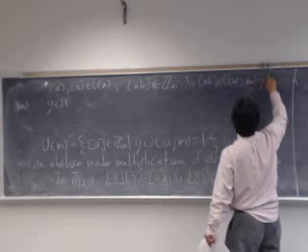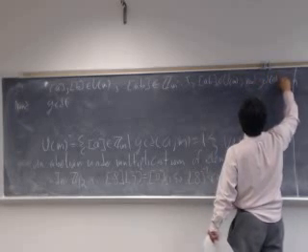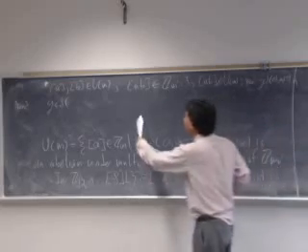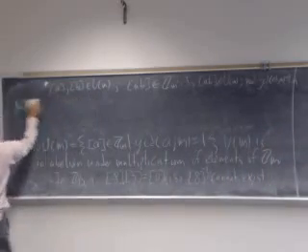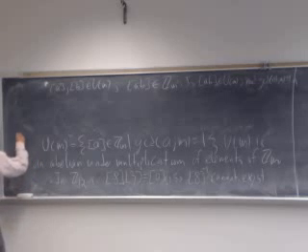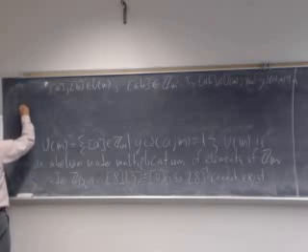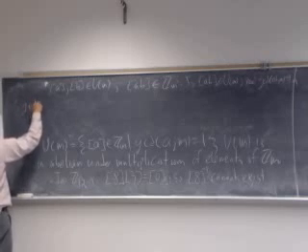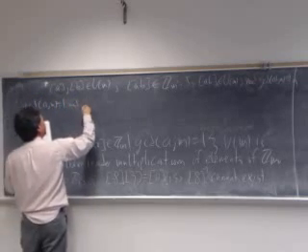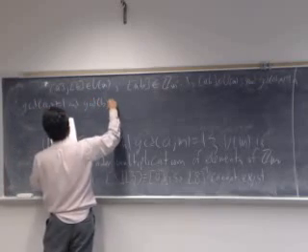There we need the greatest common divisor of AB and M to be 1. Remember, we're not multiplying any two cosets A and B, but we're multiplying cosets where A and B are relatively prime to M. They have GCD of 1. So we have GCD of A and M equals 1 and GCD of B and M equals 1.